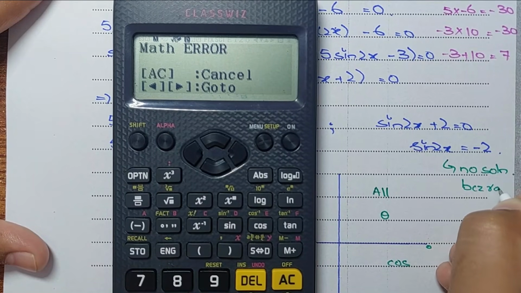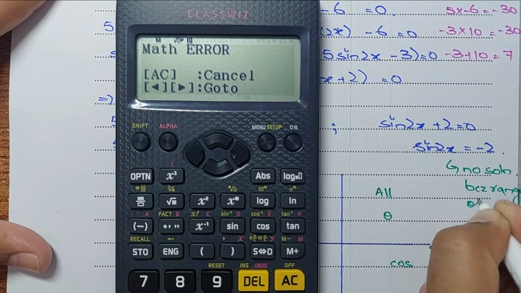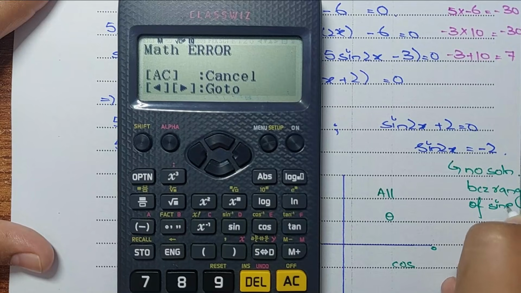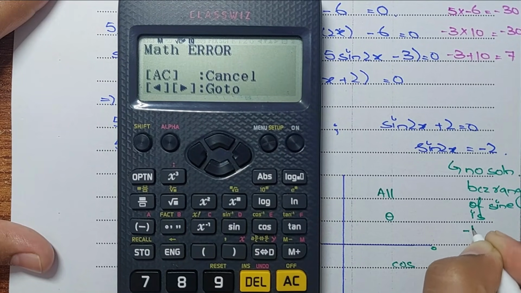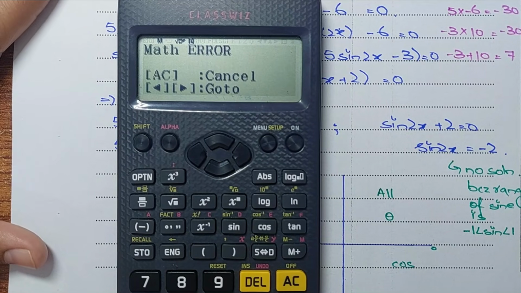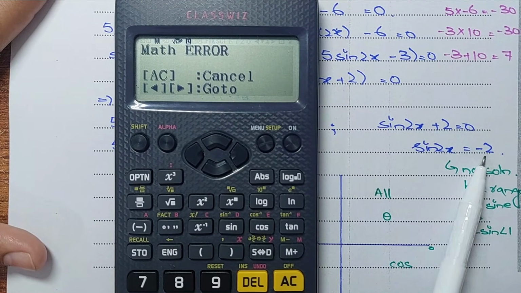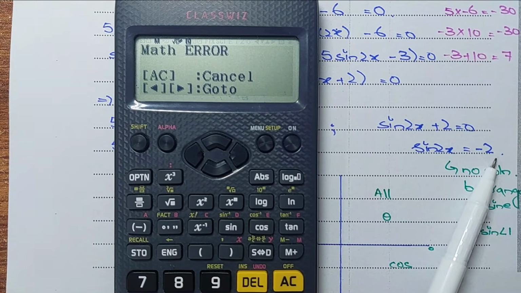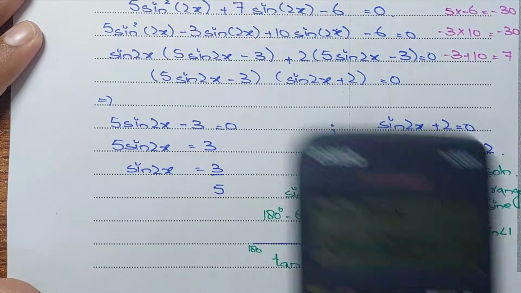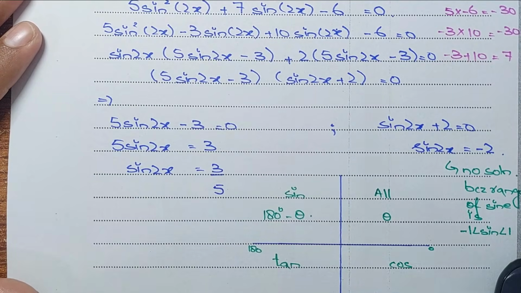This value is more than 1, so sine of 2 or minus 2 does not exist. So you will get the only solution from the other part.